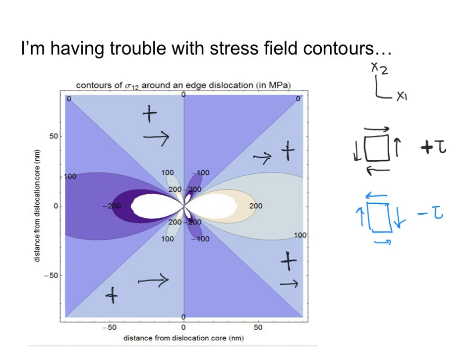The nearer the dislocation is to the origin or the other dislocation, the higher the stress it feels, and depending on the sign of the shear stress, it will want to move in a particular direction. So we can just go ahead and finish this up. In these other sections, the shear stress will be negative in sign, and the dislocation will feel a shear stress such that it will move in the other direction.